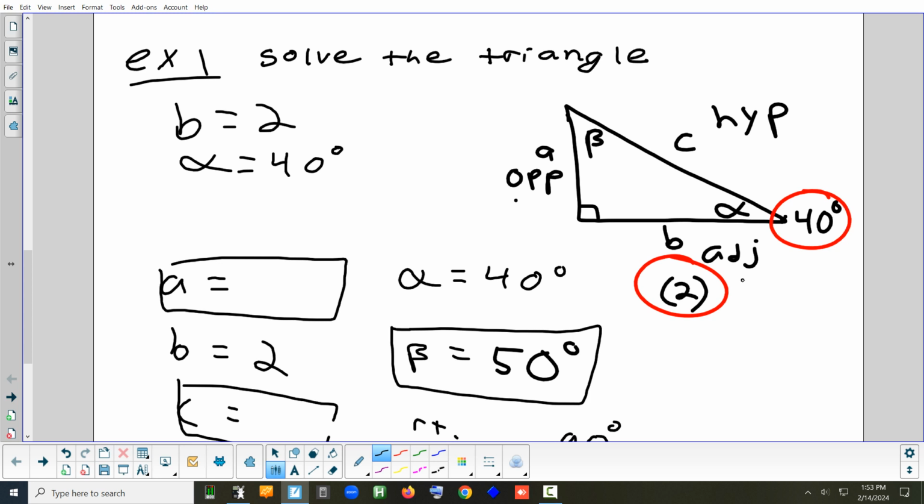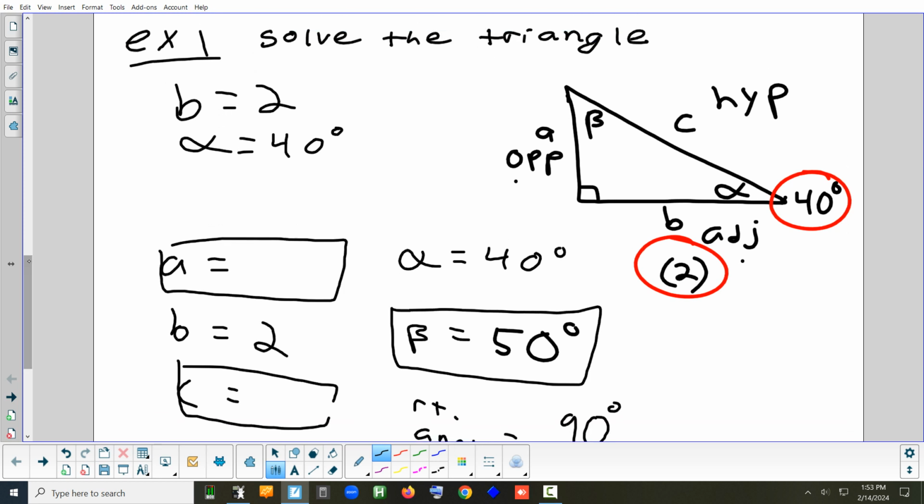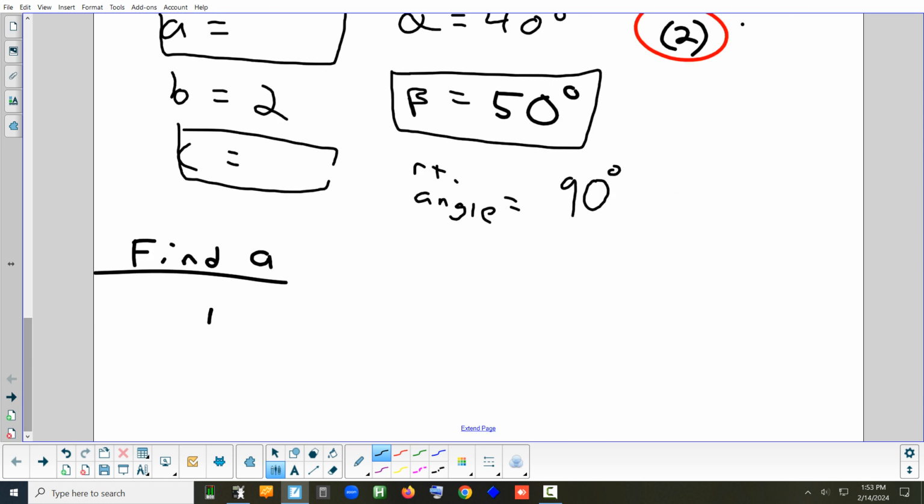There's only one trig function that has opposite and adjacent in it. Tangent. That's how you decide which trig function you're going to use. Look at the side that you want to know. Look at the side you already know. Figure out the names of those, the position of them: opposite and adjacent. And then look up in your notes what trig function is opposite and adjacent.